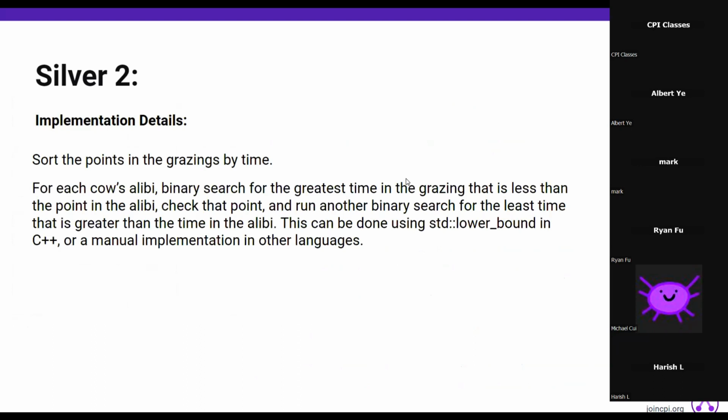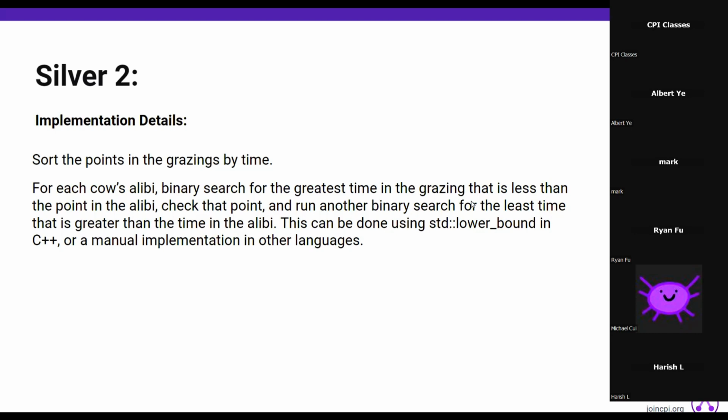So for each cow's alibi, we're going to binary search for the greatest time in a grazing that is less than the time in the alibi, and we're going to check that point using the procedure in the previous slide. And we are going to run another binary search for the least time that's greater than the time in the alibi.